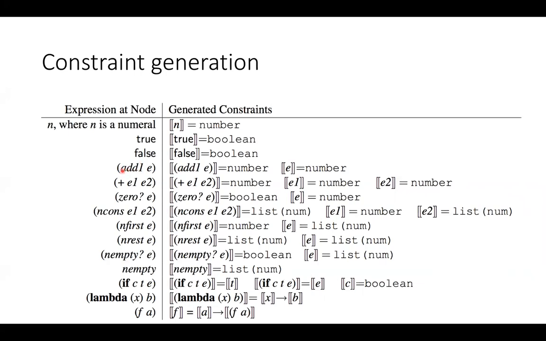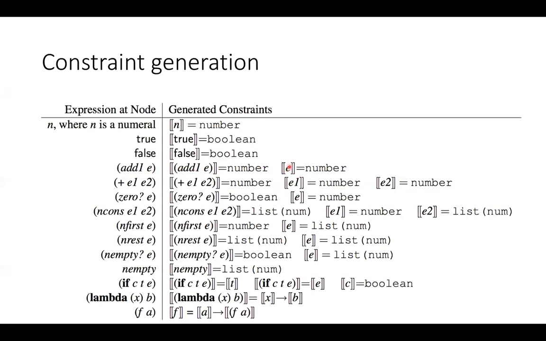Or here's one. If we ever see an add one and then e is some expression, then we actually get two constraints out of that. The first constraint is that the type of the result of the function is going to be number. And we also know that the type of the input expression must also be number.